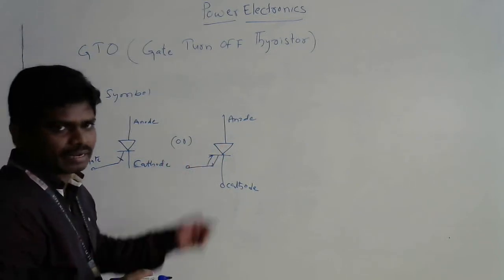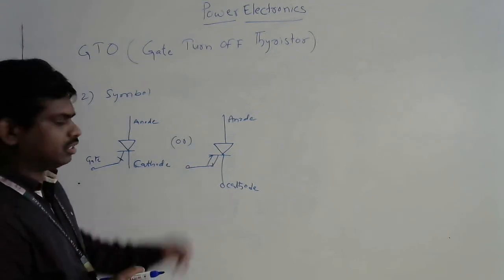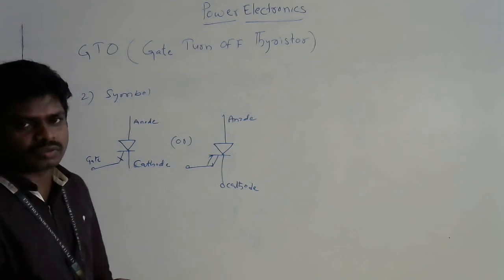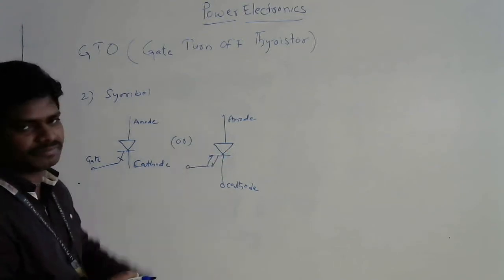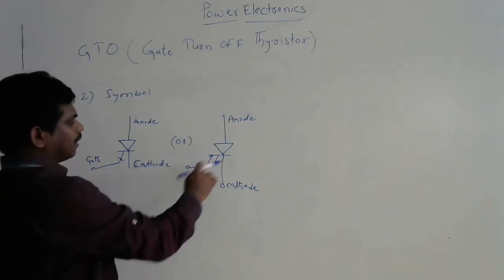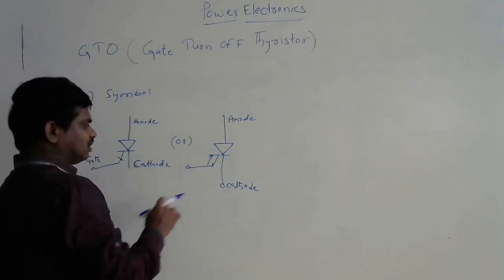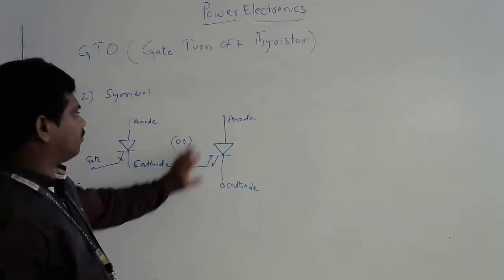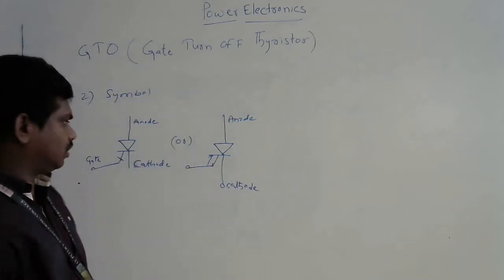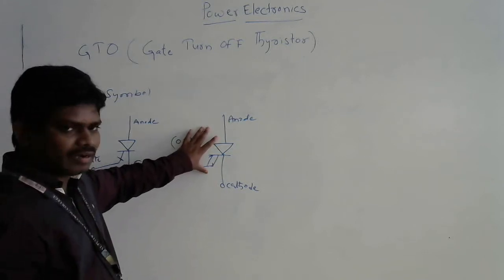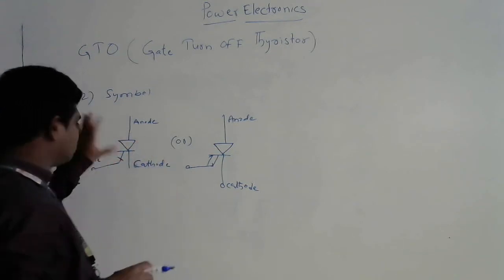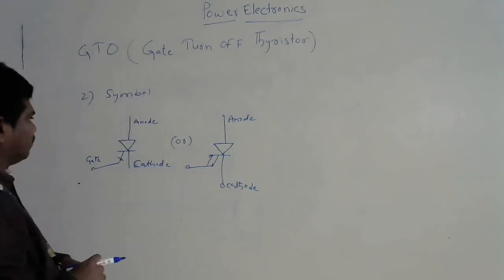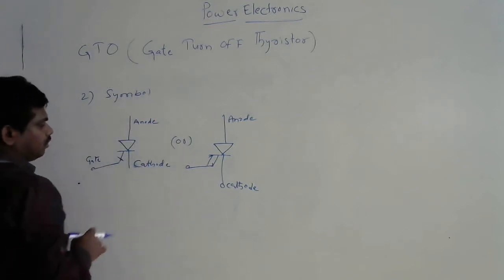When you see the arrow mark toward the outward direction of the device, current is coming out from the device, which indicates we are going to apply negative voltage to the gate terminal of this GTO. This is the advantage of GTO as compared to SCR. You can observe the diagrams very clearly, so that we get the idea.